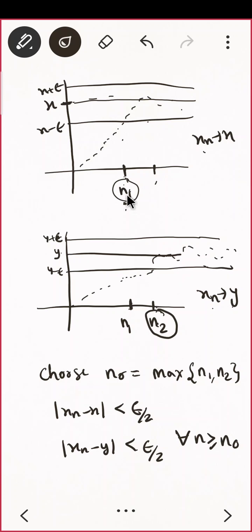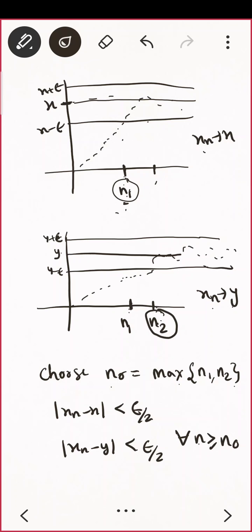If I take n1, I will be left with some terms of the sequence near y which are not in this epsilon band, correct? So this n1 will not work. If I take n2, then everybody is in the epsilon band here and also here, so it is better to take the maximum of them. So I choose n naught as the maximum of n1 and n2. If I choose the maximum, both conditions will be satisfied for all n greater than or equal to n naught.